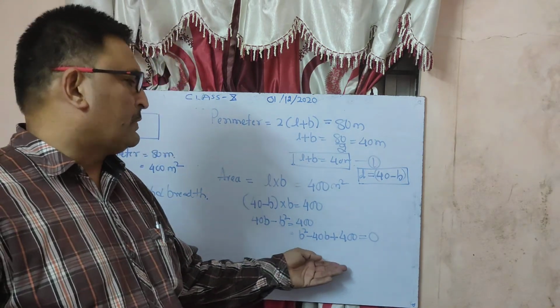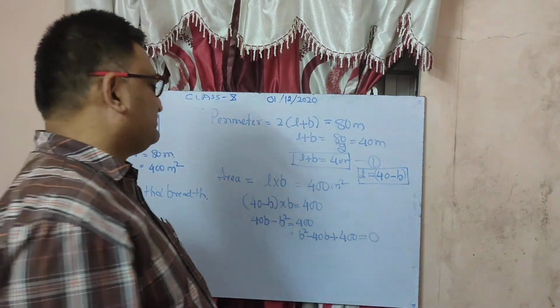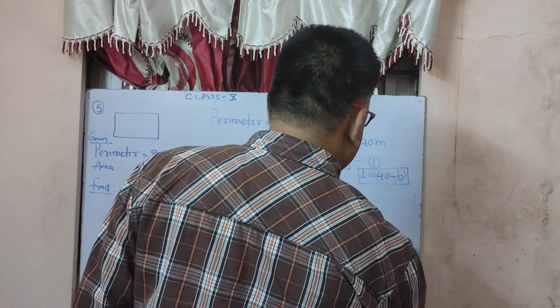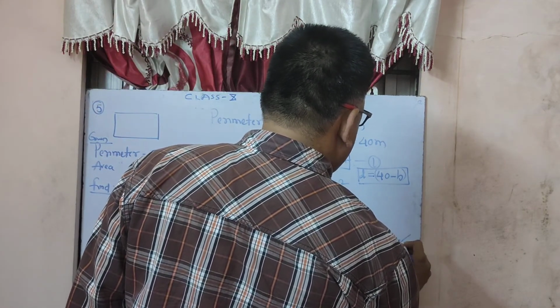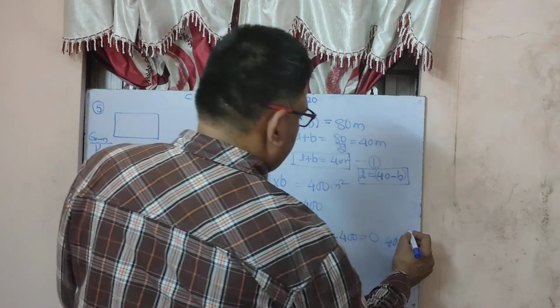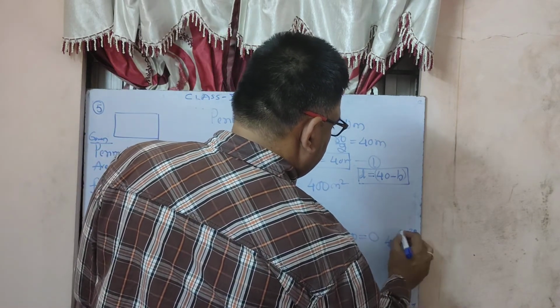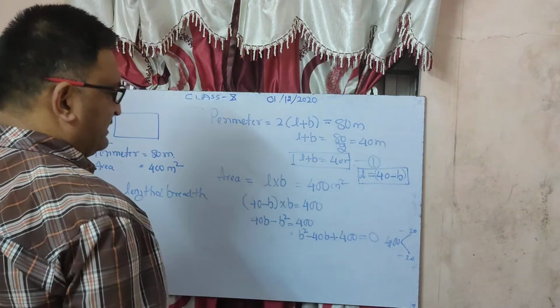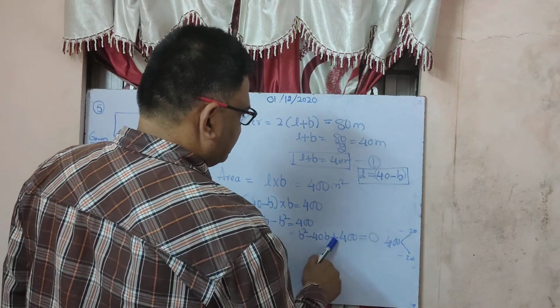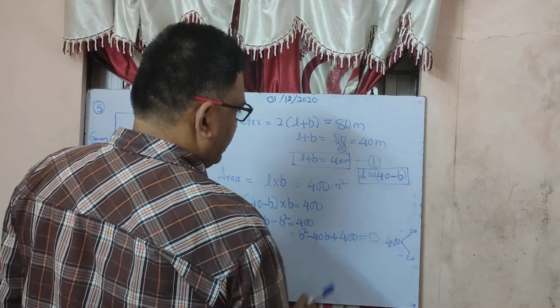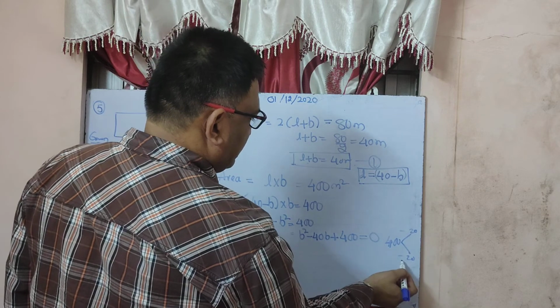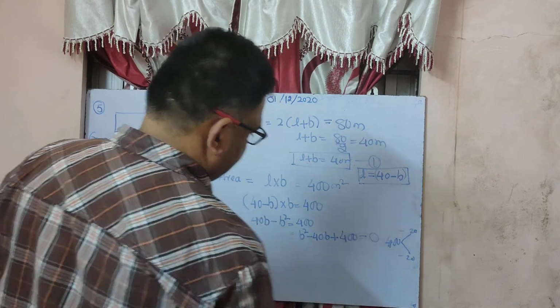Now you can easily solve this. This is 400. What are the two values? That is minus 20, minus 20. Minus into minus is plus, 20 into 20 is 400, and minus 20 plus minus 20 is minus 40.